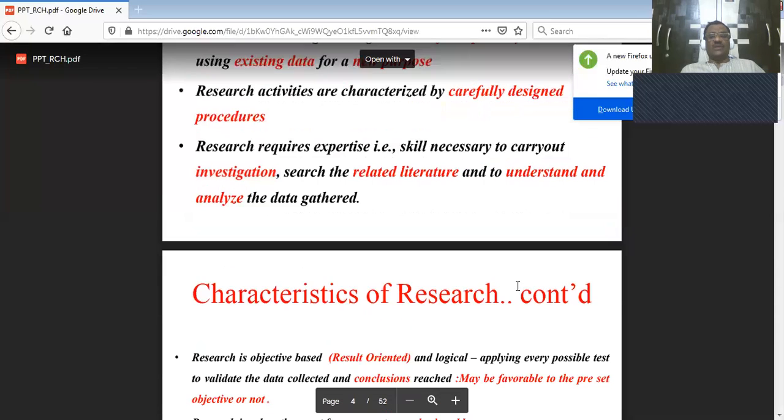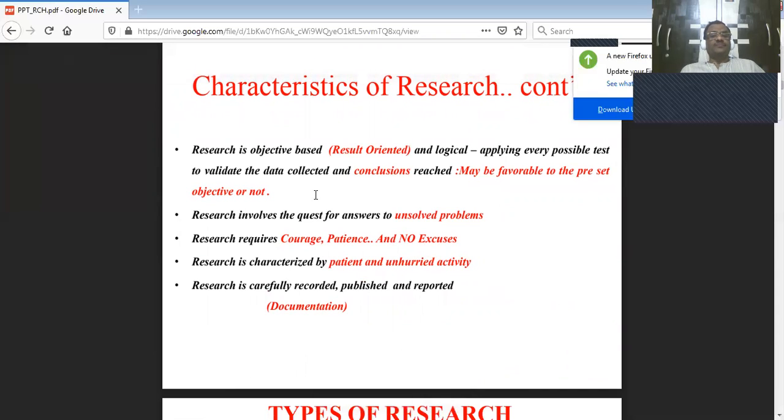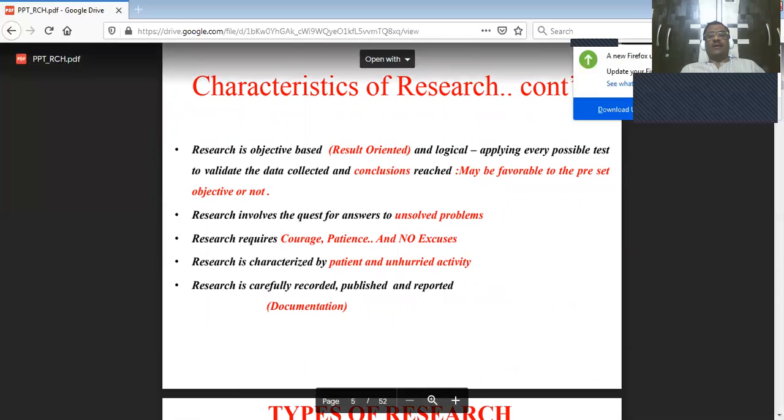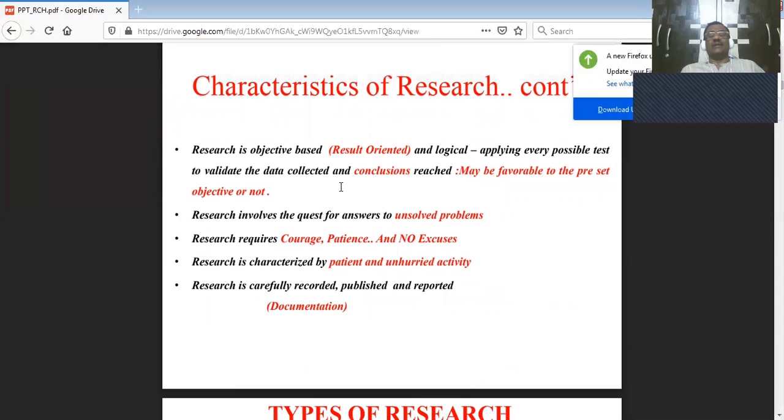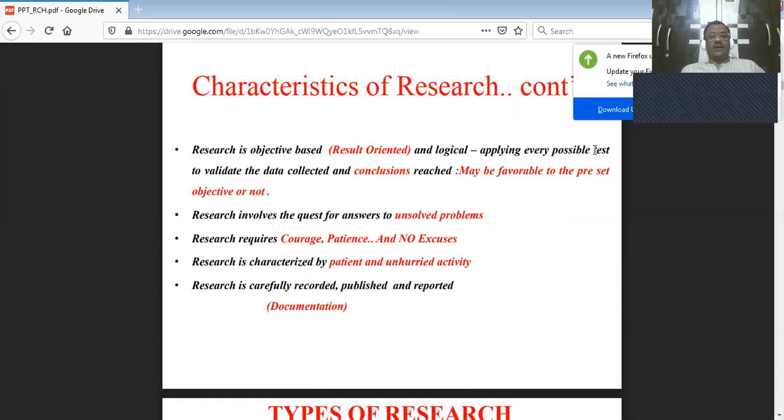Next, characteristics of research. Research is result oriented, and it applies every possible test to validate the data that is collected. It's all about statistical inferences, using which you can draw conclusions, maybe in favor of the pre-decided objectives, or maybe not. Your objectives may be accepted, or they may not be accepted.